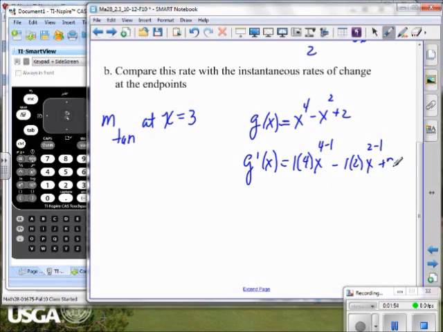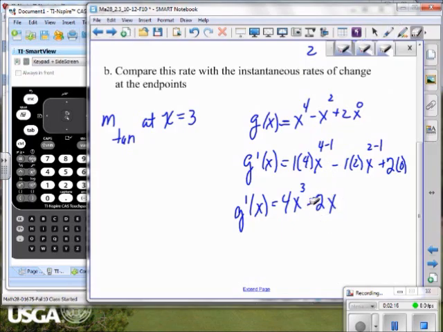And here I'm going to have 2 times 0, because this has an x to the 0 as an exponent there. Okay, so my derivative of this is 4x cubed minus 2x.